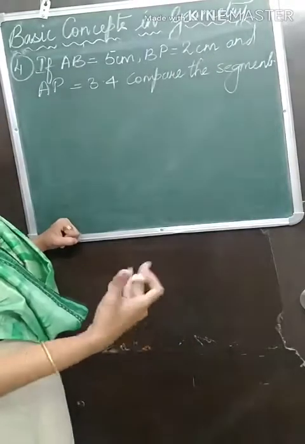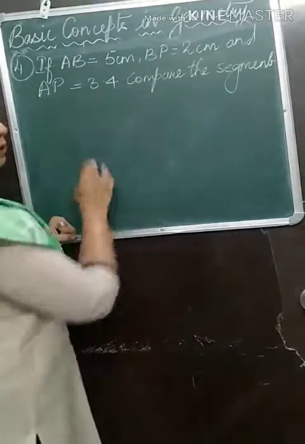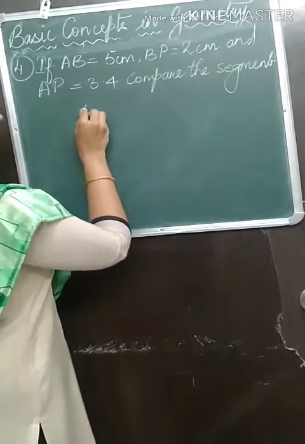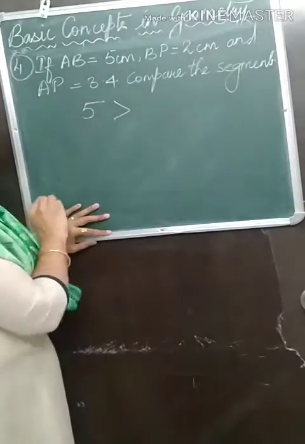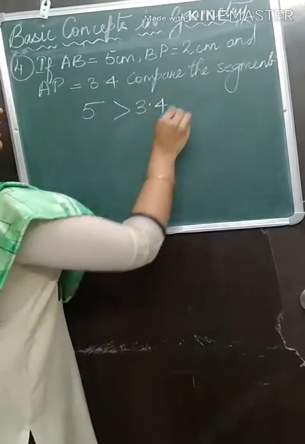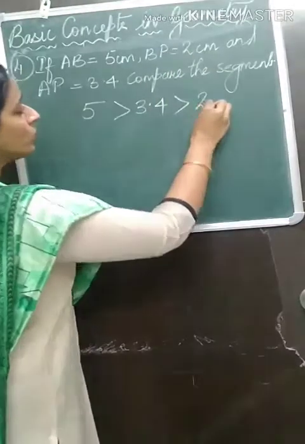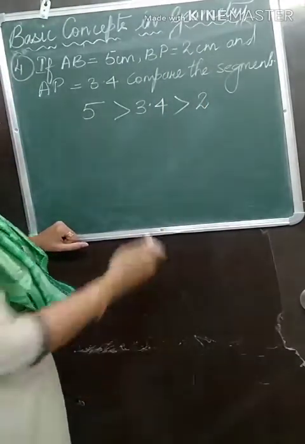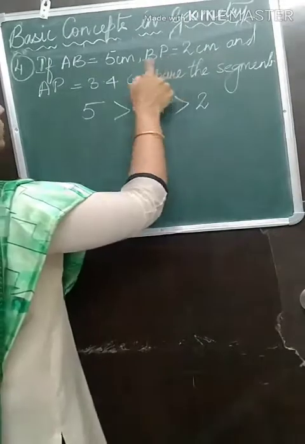Or let us start in descending order. Which is the bigger length here? 5, 2 and 3.4. 5, no? So I'll write 5 greater than, which is the next one? 3.4, greater than, the least number is 2. Easy. Now just below, write down the names of the segments. 5 means which segment?